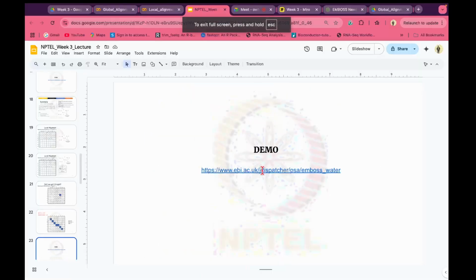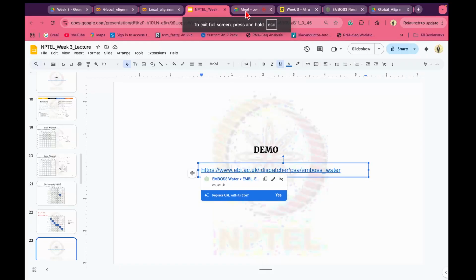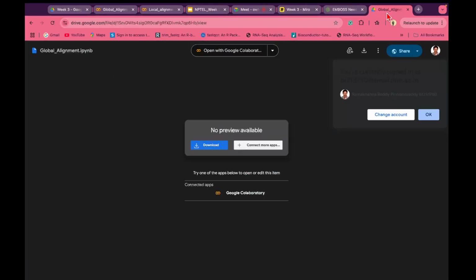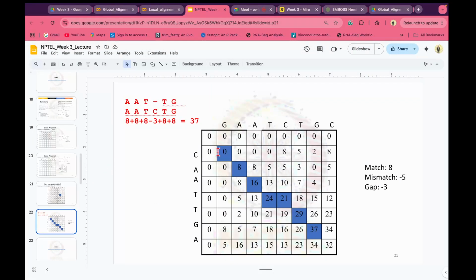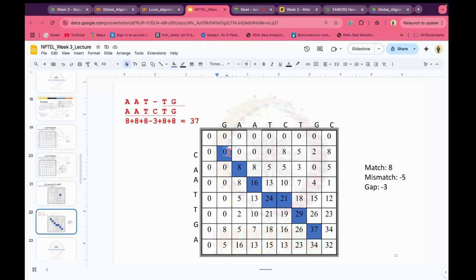In this, the last residue will not be shown. By last residue I mean the one after 37. After 37, this G is a perfect match.